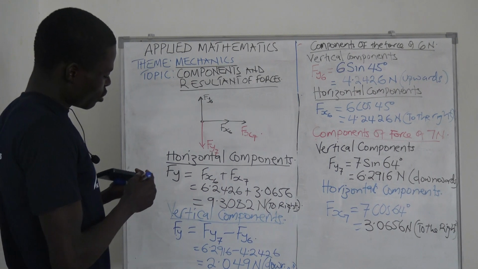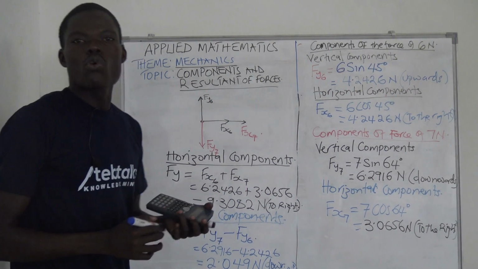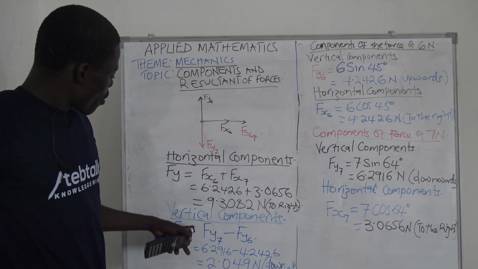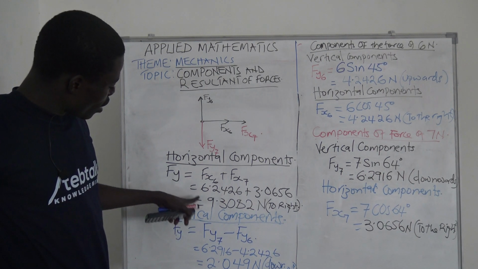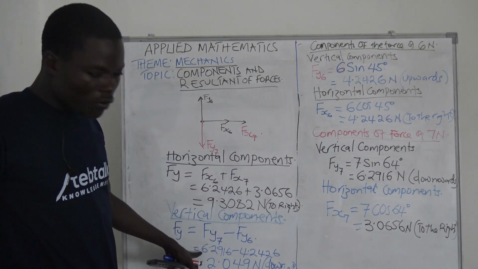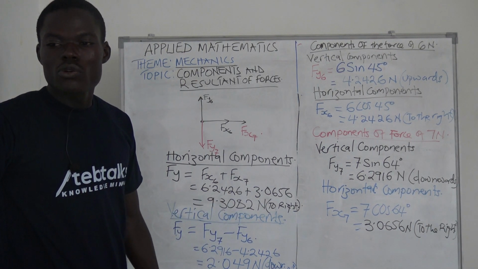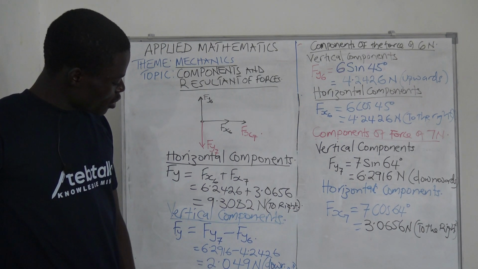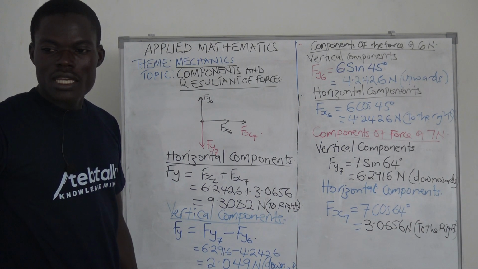That's the direction. So now we have two forces. We have the horizontal force, which is 9.3082, and then we have the vertical force, which is 2.049 newtons.